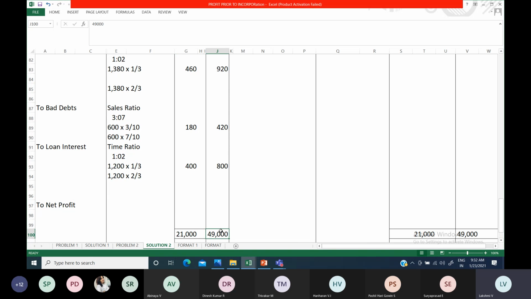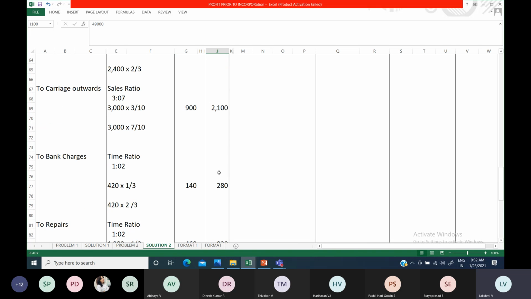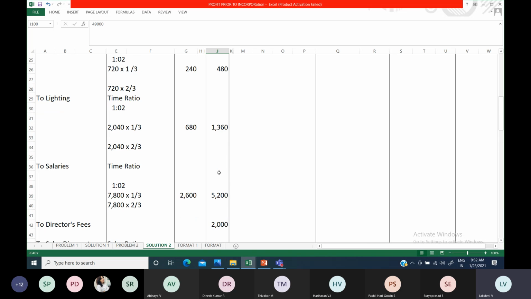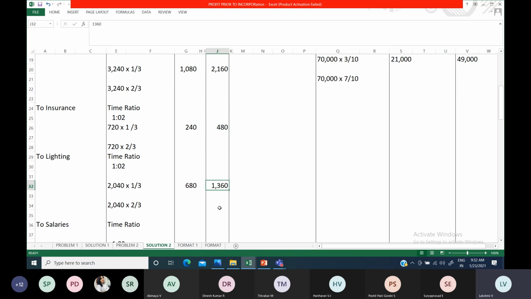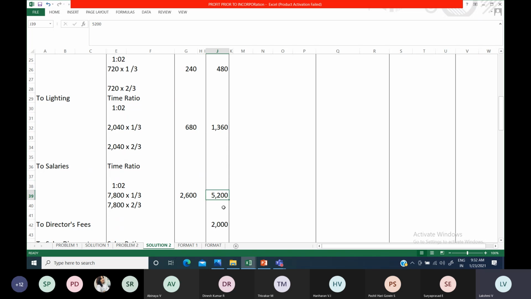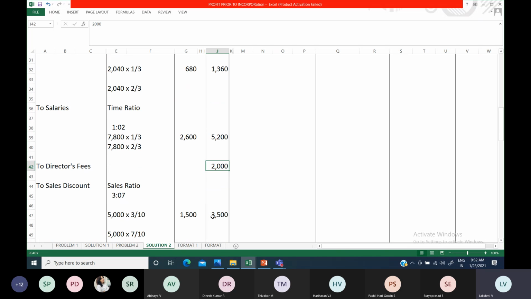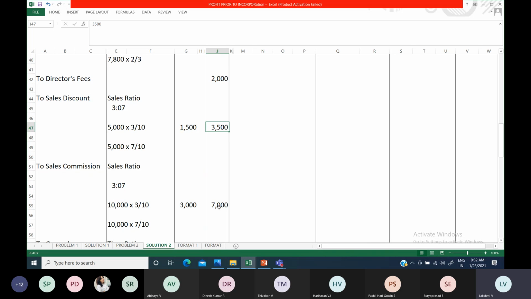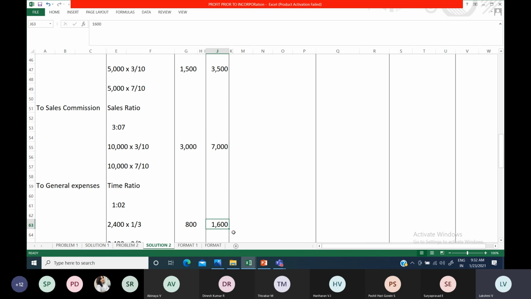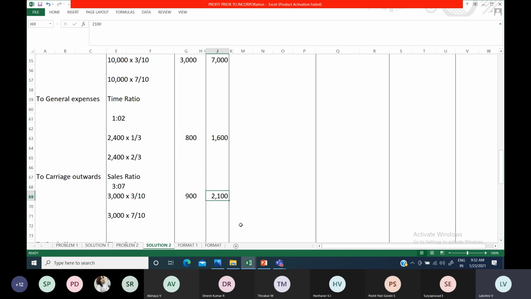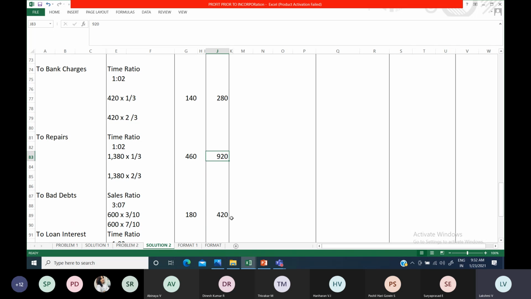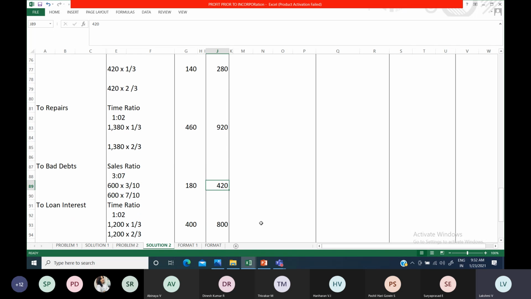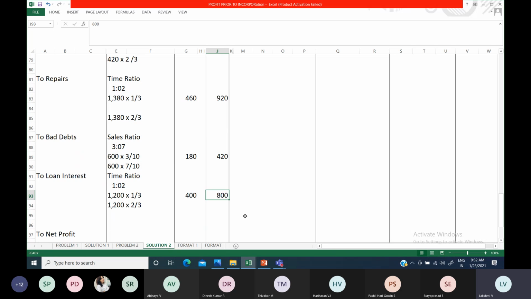And similarly, from 49,000, you subtract all the items on the debit side, right from here: 49,000 minus 2,160 minus 480 minus 1,360 minus 5,200 minus 2,000 minus 3,500 minus 7,000 minus 1,600 minus 2,100, next minus 280, next minus 920, next minus 420, and then 800.